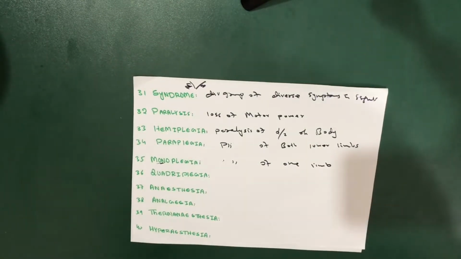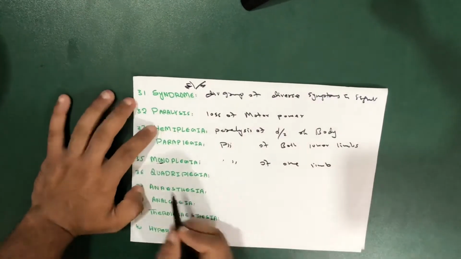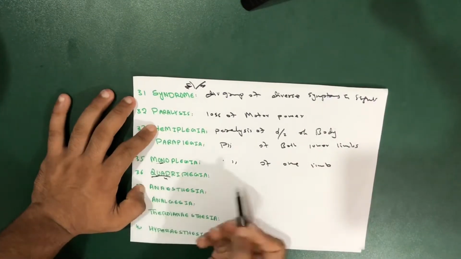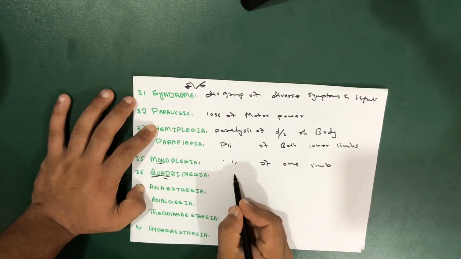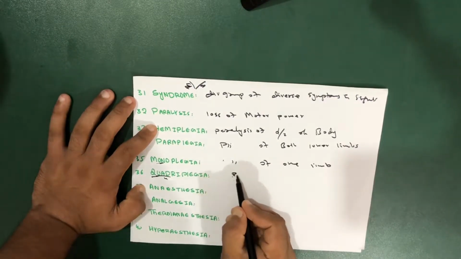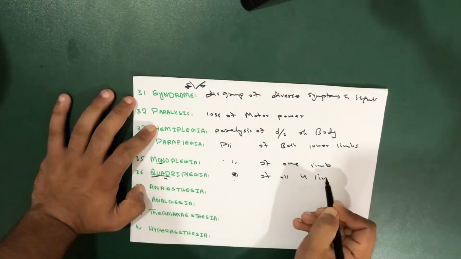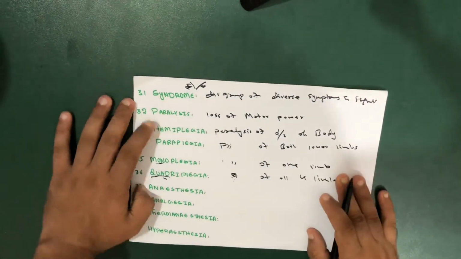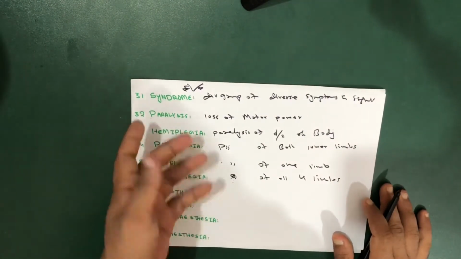Then there is quadriplegia. Quadri means four, and plegia means paralysis. So there is paralysis of all four limbs, your upper and both of your lower limbs. Now this is all about paraplegia and the plegia terms, like paralysis.